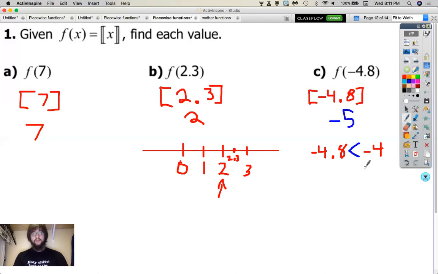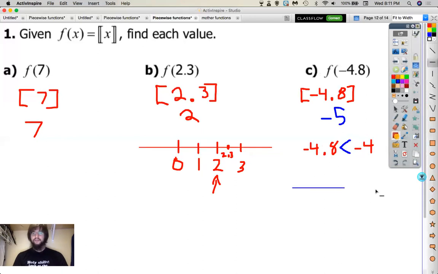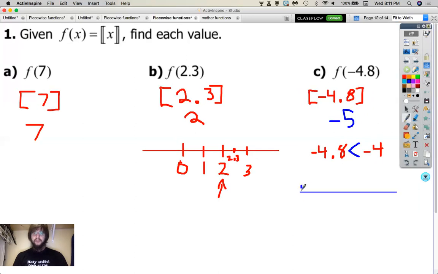We'll round it down. Let's look at this on a number line. I'm going to start at negative 6, negative 5, negative 4, and whatever. If I plot negative 4.8, it's going to be right here.